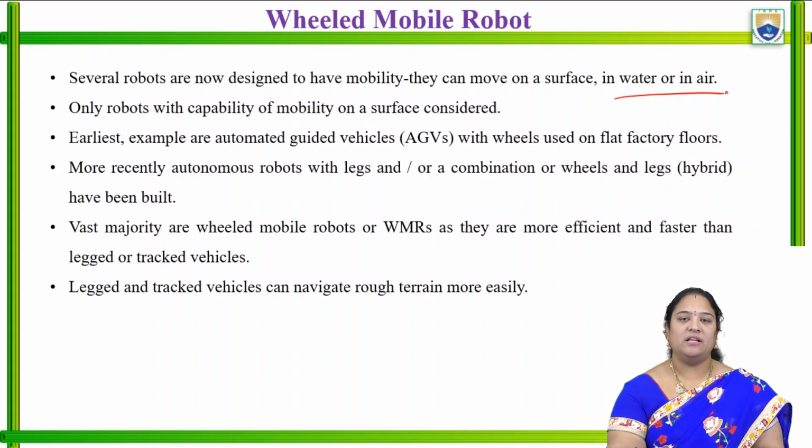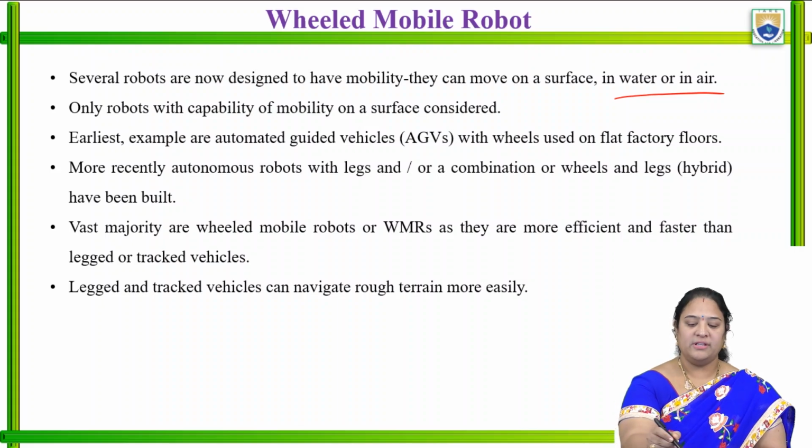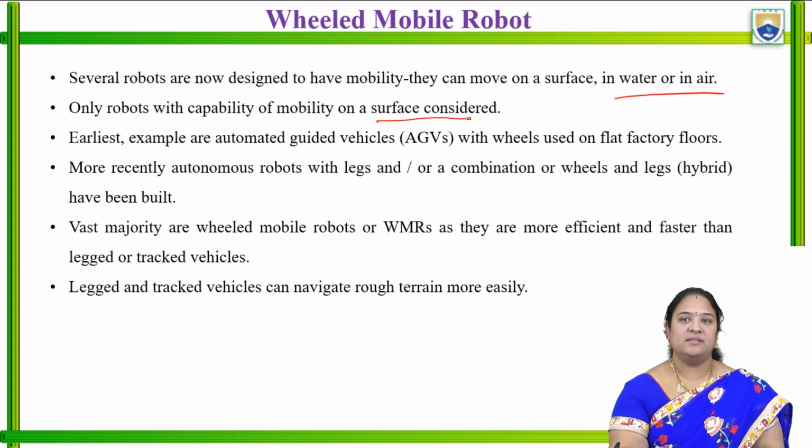Now, this wheeled mobile robot has the capability to move on the surface considerably. The wheeled mobile robot has a lot of capability to have a smooth movement on the surface.